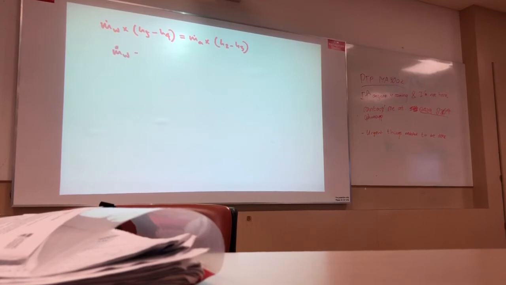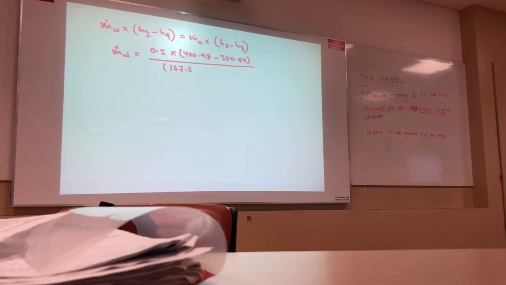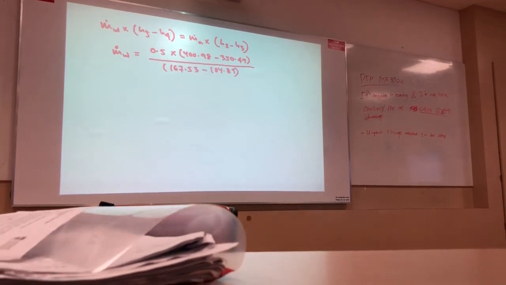M dot W, what is M dot air? 0.5 times 400.98 minus 350.49, divided by H5 is 167.53 and this one is 104.83. Then I can find m dot water is 0.403 kilogram per second. This is the answer.